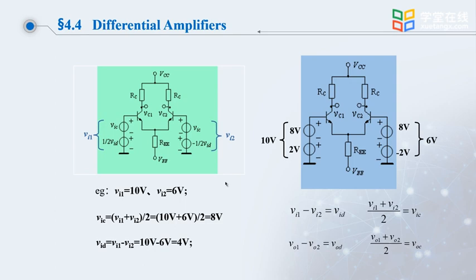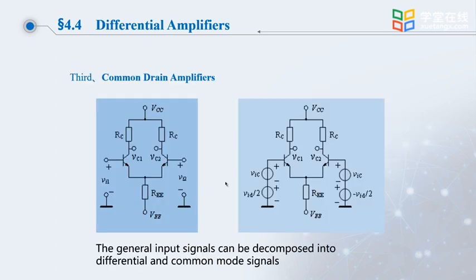The average of the two output signals is called the common mode output signal, represented by VOD and VOC respectively. As shown in the picture, a general input signal can be understood as a pair of common mode signals with the same magnitude and same direction, superimposed with a pair of differential mode signals of equal size and opposite direction.